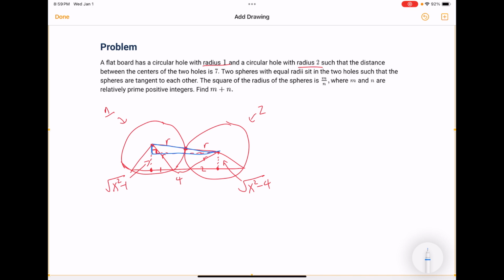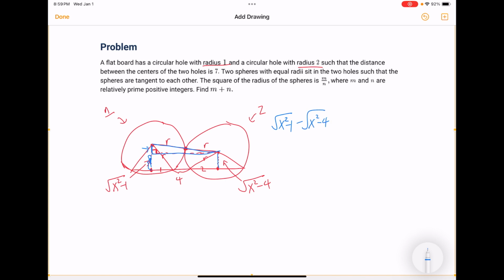We can start off with the little side. That little side is equal to the whole side, which is the square root of x squared minus 1, minus this part. Because I drew a perpendicular line, this part is equal to the height of the triangle in circle 2.